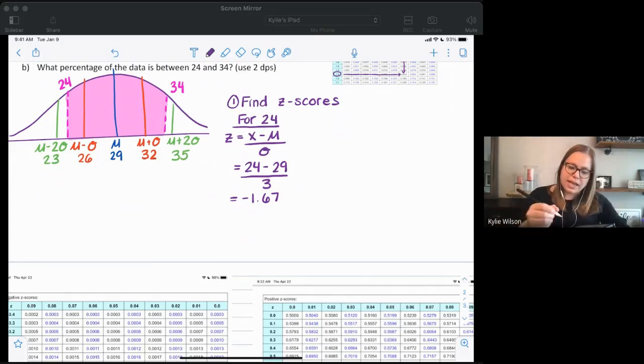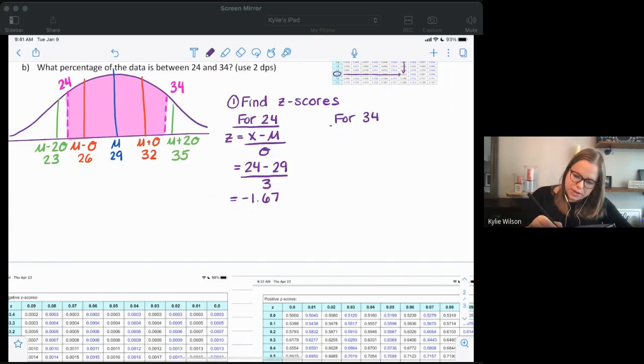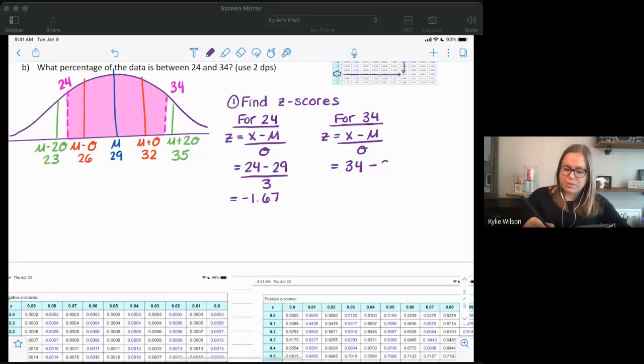Now we also need to find the z-score for 34 as well. So our z-score is our data point minus our mean divided by our standard deviation. So 34 is our data point here, minus 29 divided by 3.